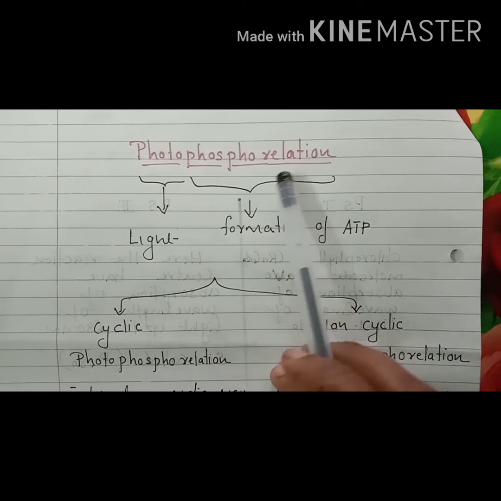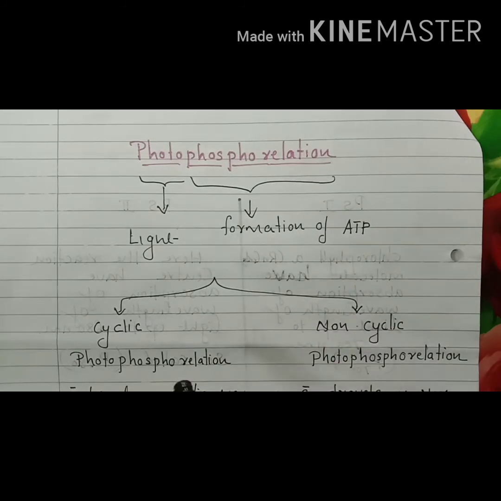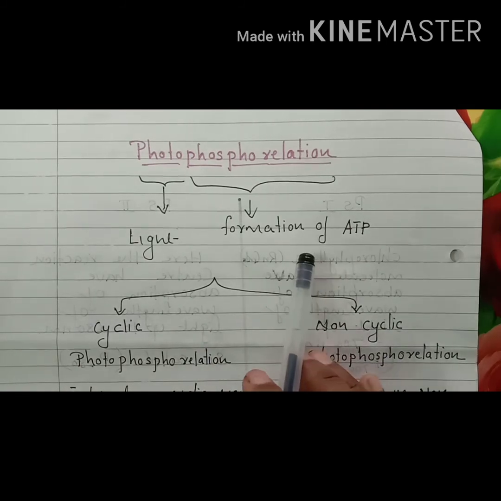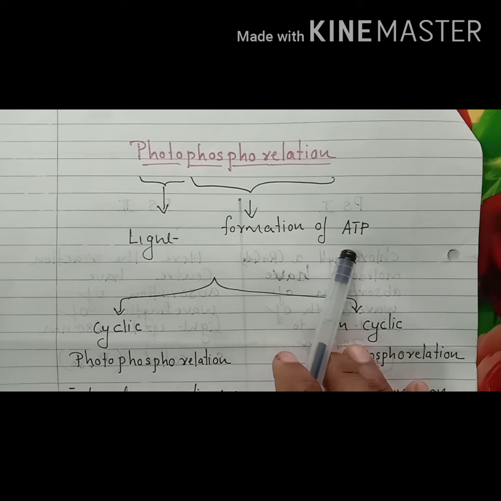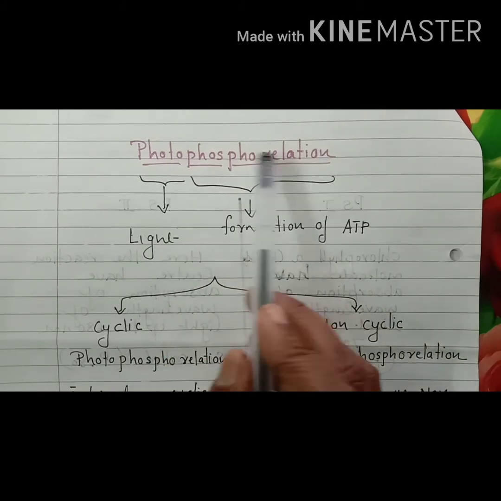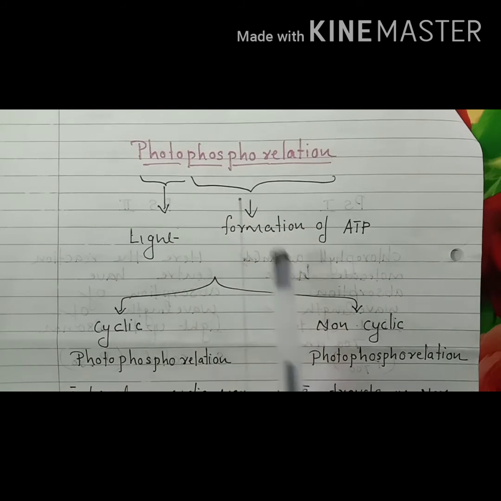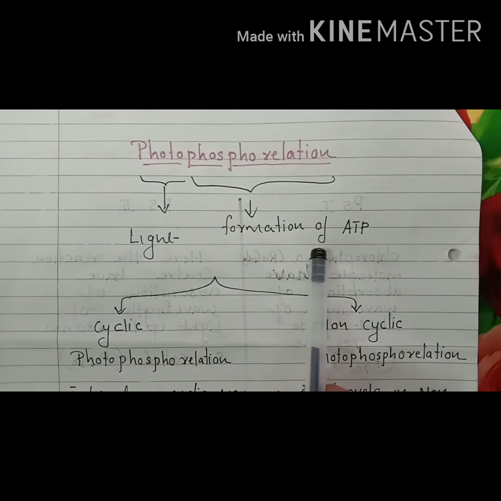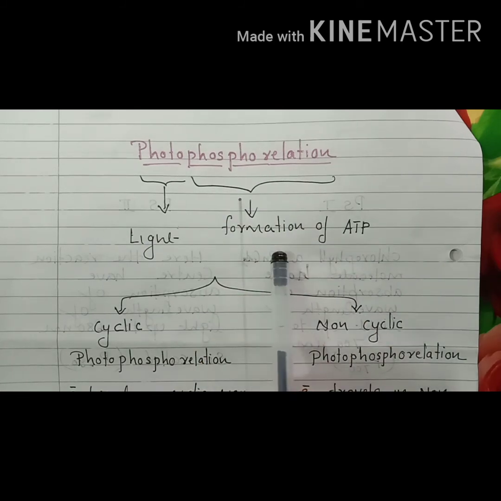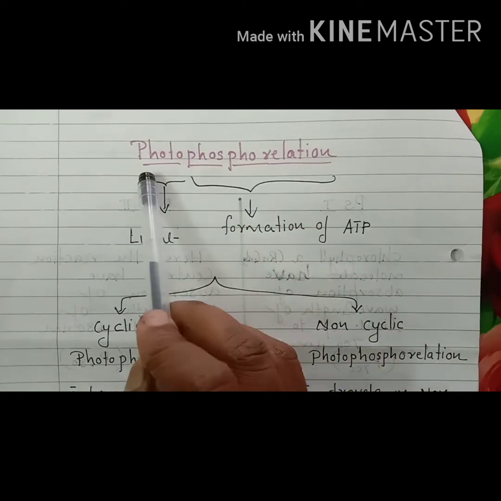All these processes occur simultaneously, not one by one, and the end product is energy, ATP or NADPH. Light reaction is called photophosphorylation because the main process happening here is formation of energy, called phosphorylation, in the presence of sunlight.